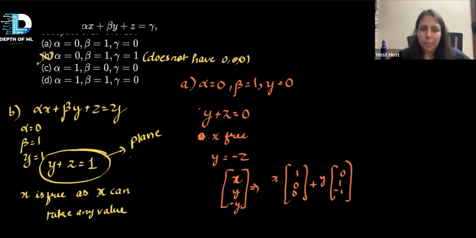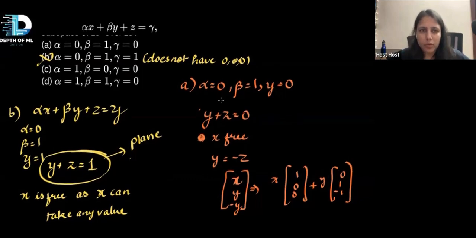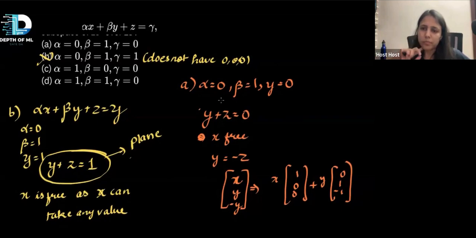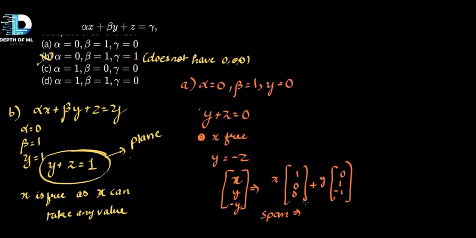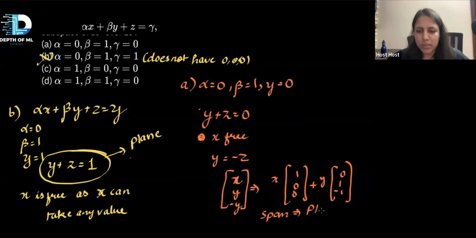What will they span? They will span a line. A linear combination of two linearly independent vectors will span what? Plane. Plane, right? Be quick.